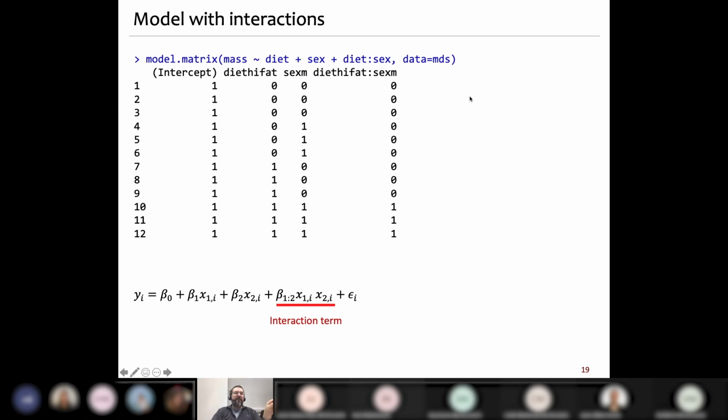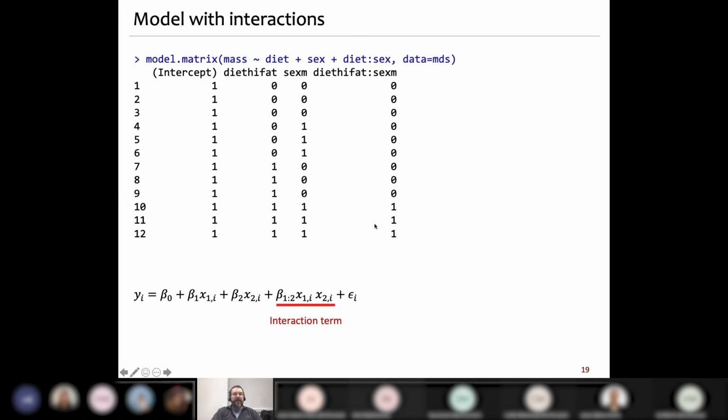If you remember from ANOVA, ANOVA produced a model with interaction that showed you each coefficient and the interaction between them, and I discussed this in detail before. If you want a model with interactions, you specify your formula like this: mass versus diet plus sex plus diet colon sex. This is the interaction term.